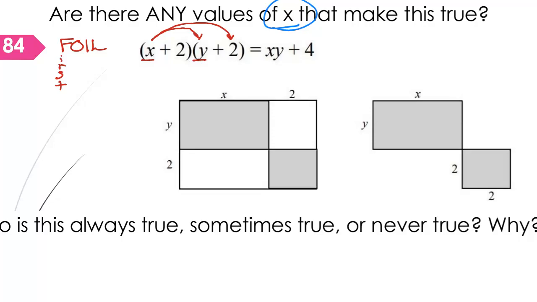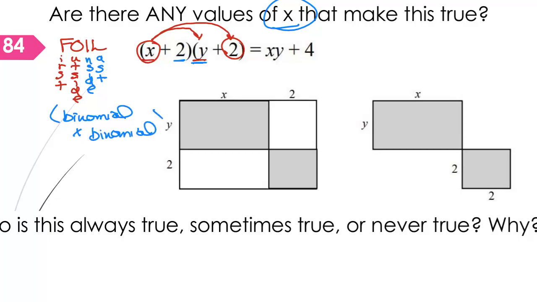The outside terms, so this is the outside times the outside. Then you take the inside two terms, so the 2 times the y, and finally the last terms of each binomial. Now, this only works for multiplying a binomial times a binomial, but it's called FOIL. A binomial times binomial.